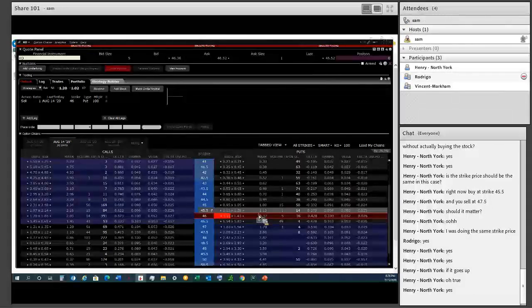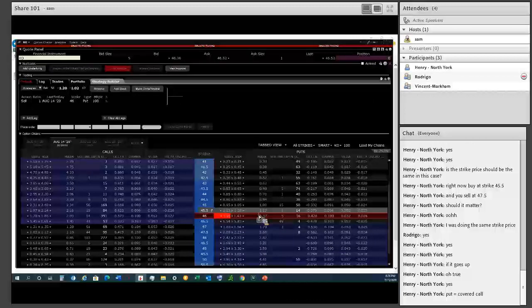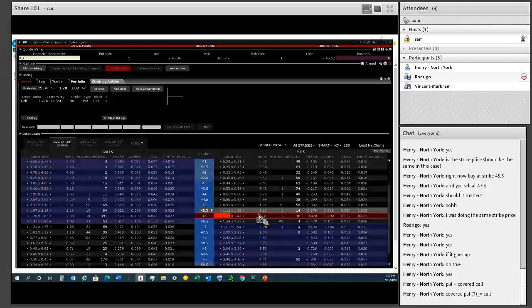Everybody see that? If we sell this put, it's exactly like a covered call. Instead of me buying the stock and selling a call, I could just sell the put. It's exactly the same thing. Put equals covered call, yeah.